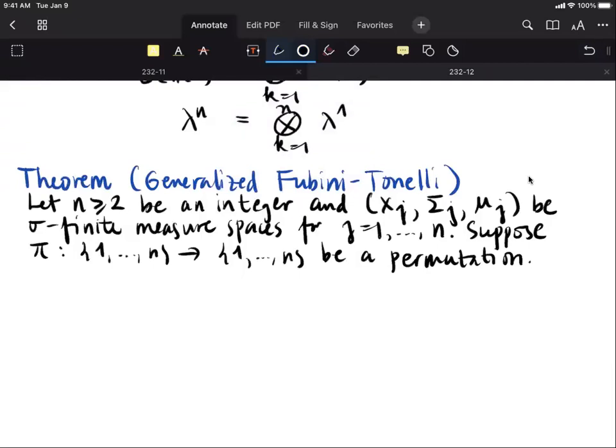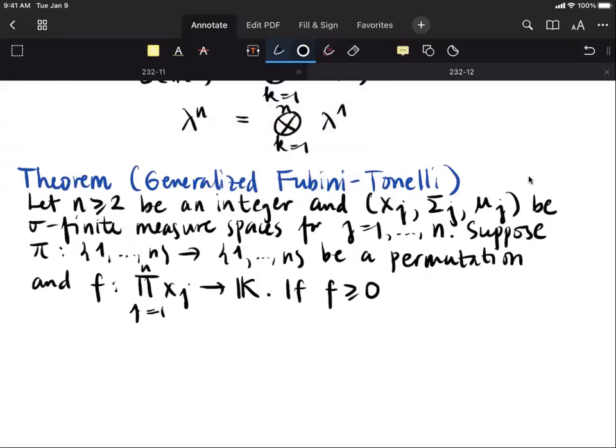So if f is either, first consider a function f on the product to the field k, either the set of real numbers or the set of complex numbers.